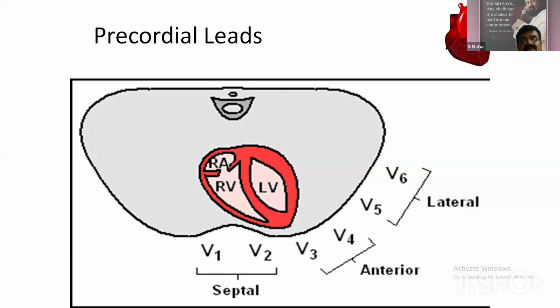If we see them, we can see that V1 and V2 look at the septal wall, V3 and V4 look at the anterior wall, and V5, V6 look at the lateral wall.